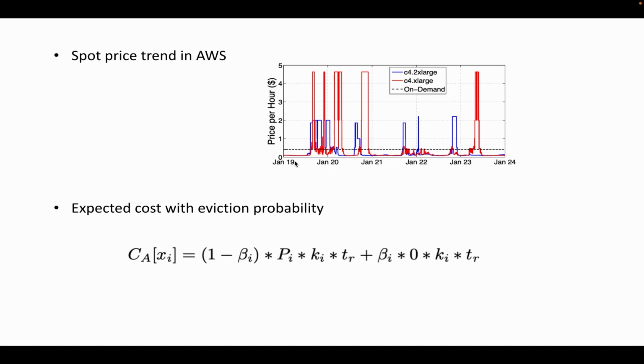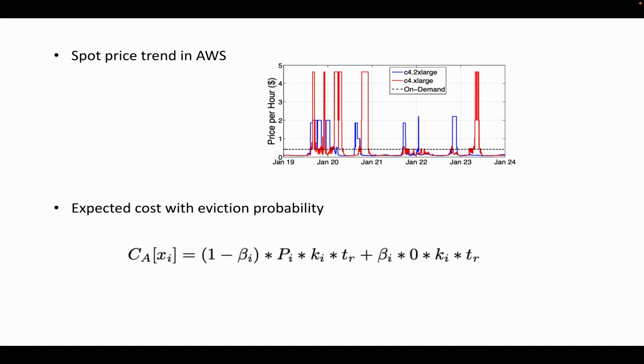If you observe the trend in the price per hour, there are some spikes at particular times. AWS charges for spot instances such that if you evict the resources before the billing hour, you get some free computing.